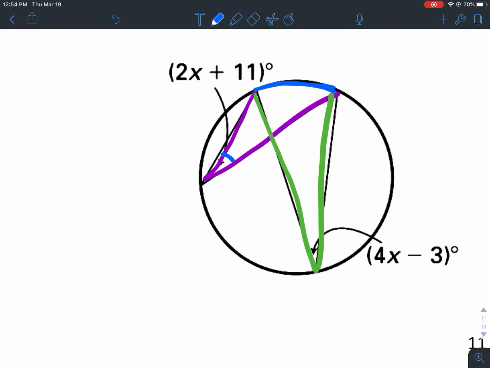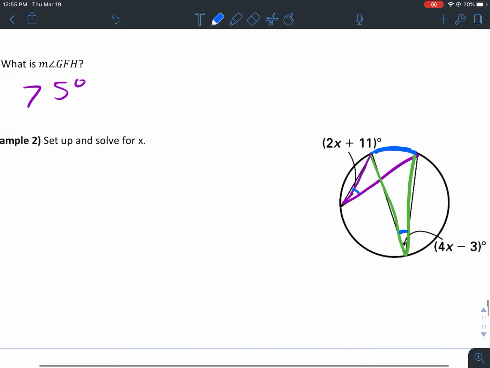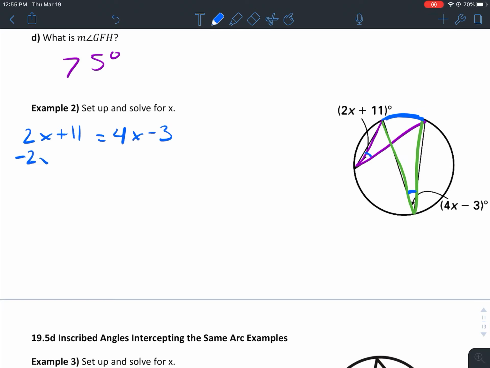So if we're looking at this picture here, we see that this angle and this angle both intercept this arc right here, which means that those angles must be congruent. So what we can do is set these two angles equal to each other. So we're going to do 2x plus 11 equals 4x minus 3. And what we want to do is get all the x's on one side and all the constants on the other side.